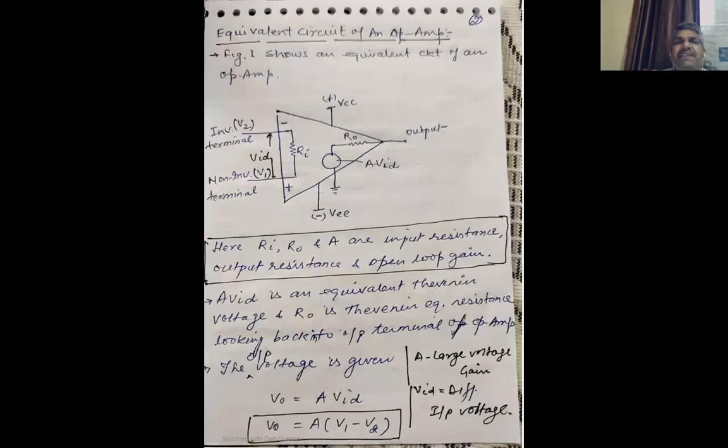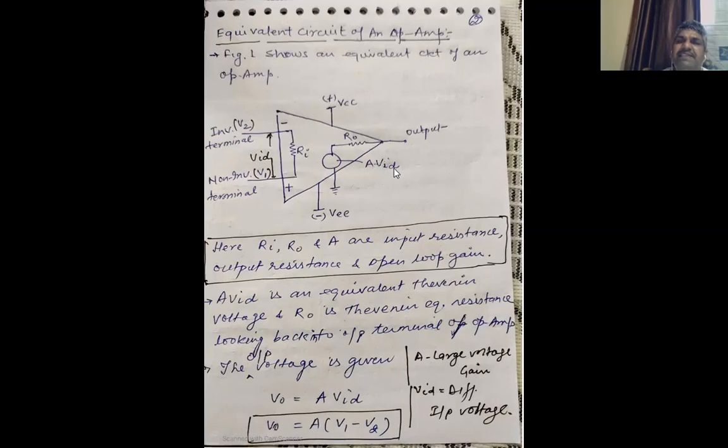Now the equivalent circuit of an operational amplifier. Figure 1 shows an equivalent circuit of an operational amplifier. Here Ri, Ro and A are the input resistance, output resistance and open loop gain.